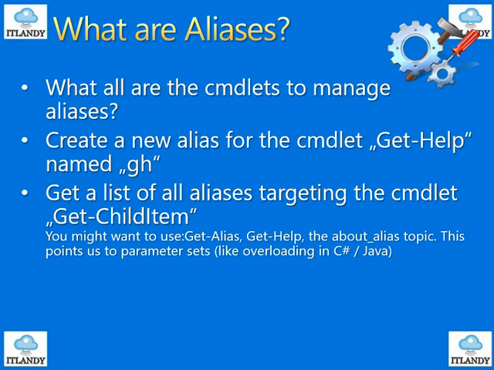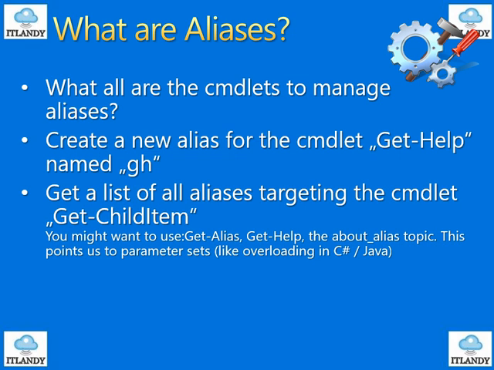So, what are all the cmdlets to manage aliases? New-Alias creates a new alias for a cmdlet, for example the name gh for Get-Help. Get-Alias gets a list of all aliases targeting the cmdlet Get-ChildItem. You might want to use Get-Help and the about_Aliases topic.